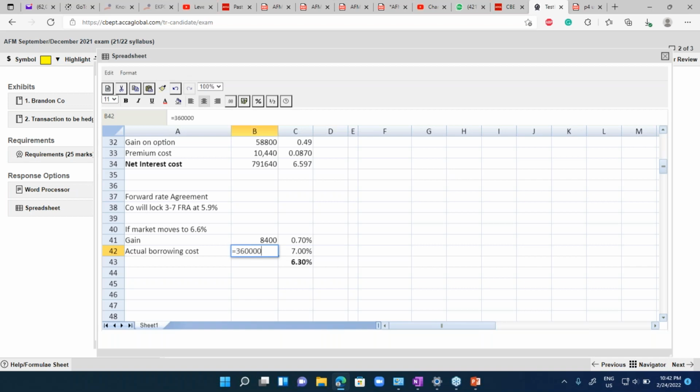So the effective cost will be, sorry, 36 million is 756,000. 756,000 is the amount. So that's how you will solve forward agreement.